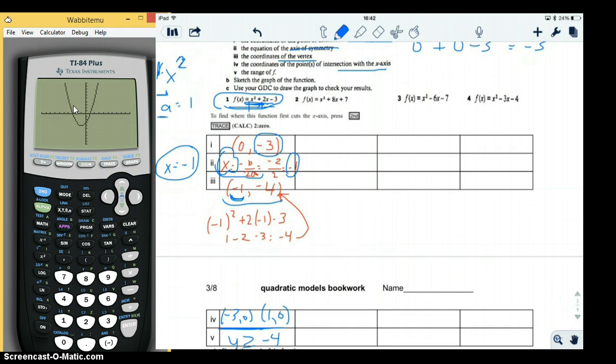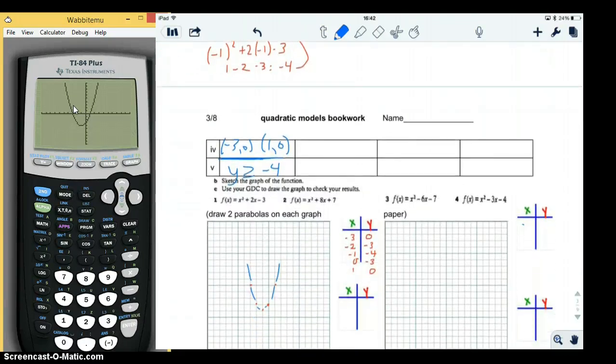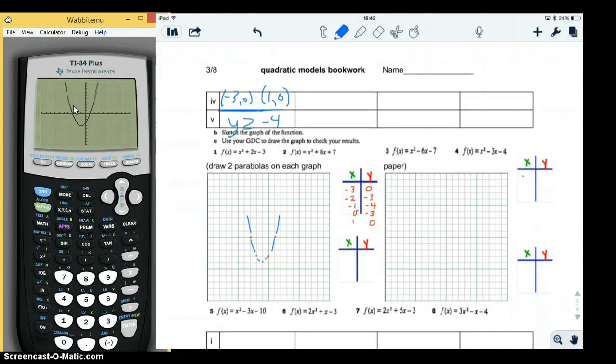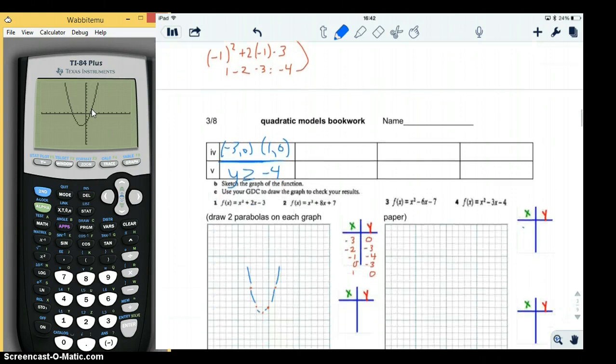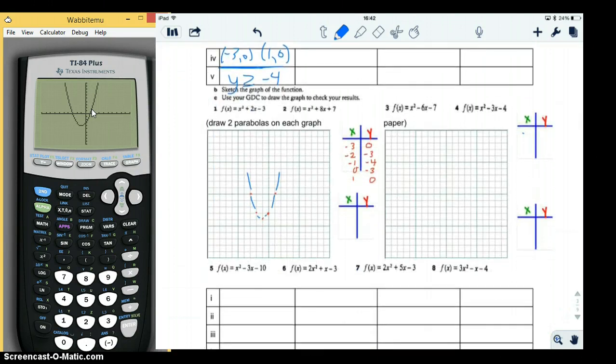Sketch the graph of the function. Well, we have the graph like there, and we already have a few points. That's part B. One way you could do that is you could just copy it from the calculator. You know that the vertex is negative 1 comma negative 4, so you put a point there.